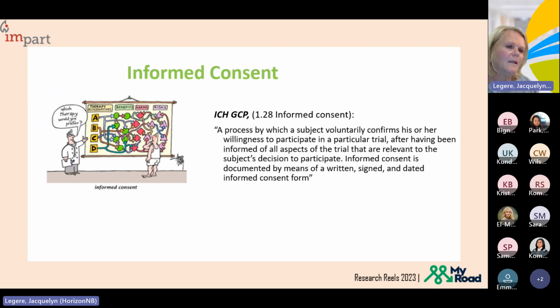The NIH, the National Institutes of Health in the U.S., has now mandated that there be a kind of cocktail summary on the front page of consent forms. It's really brief. Here's what the study is. Here are the risks. I guess the challenge is that relevant risks would be different for everybody.